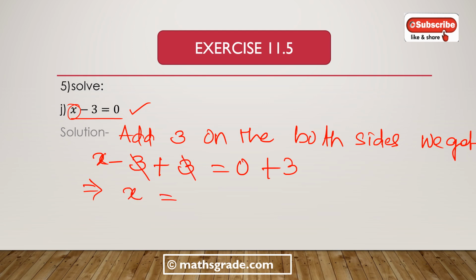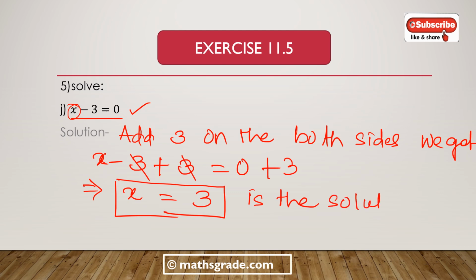So x equal to 0 plus 3 is 3, and x equal to 3 is the solution of the given equation. X minus 3 equal to 0 is the equation. So the value of the variable x is 3.